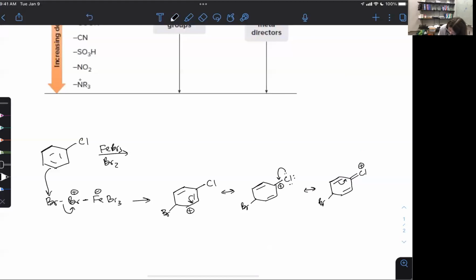And then we can keep on going with our resonance. And we get to our final one, and then we can say, okay, well, I can't do any other resonance structures, so let's go ahead and finish off the reaction.